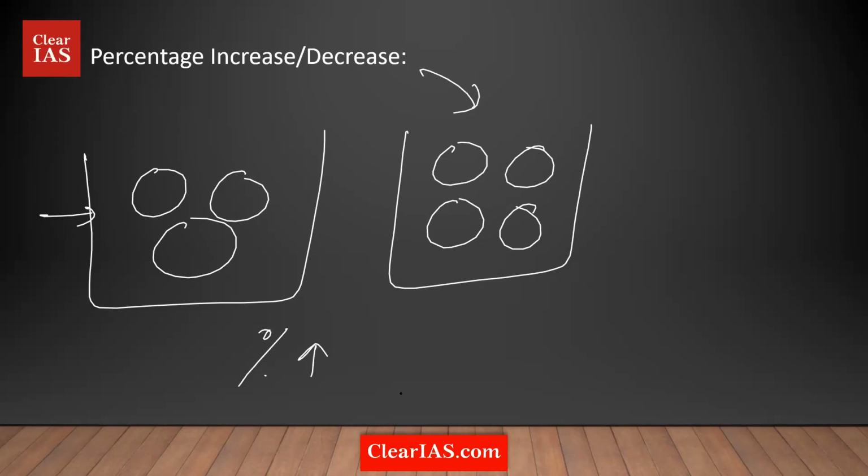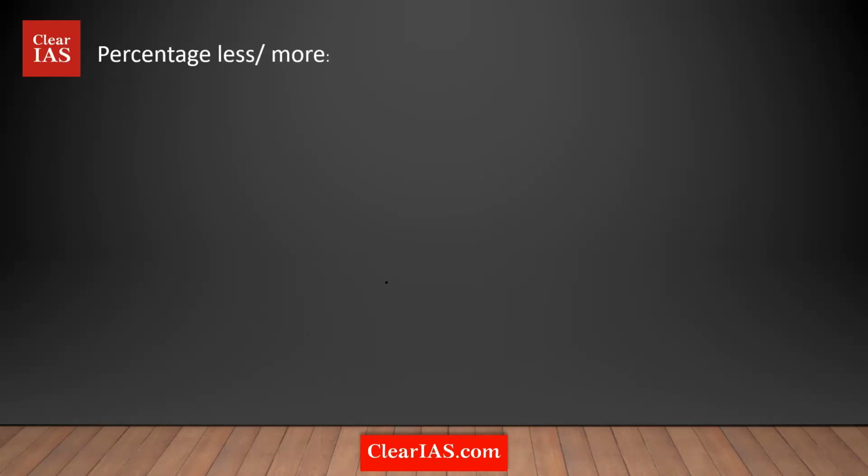What's the percentage increase? Perfect. So initially you have 3 apples, then it increased to 4. 1 by 3 into 100 would be the correct answer. 1 by 3 is 33.33.